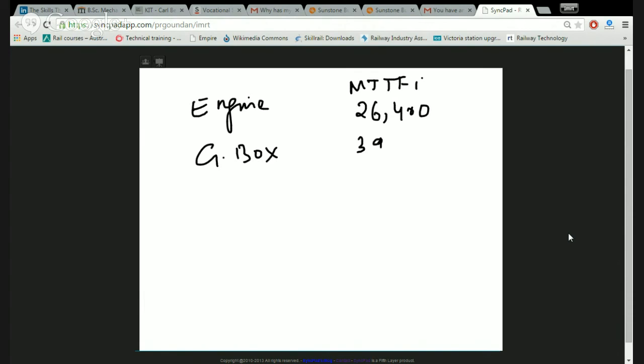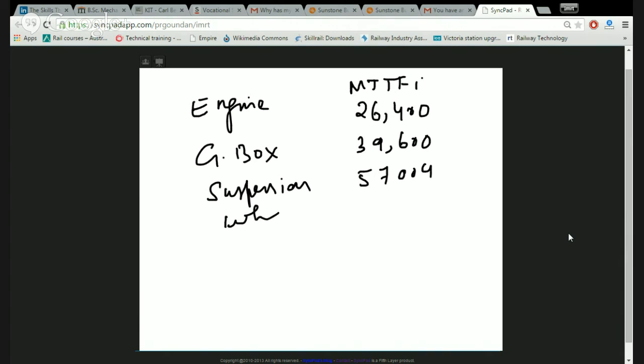Engine, MTTFI is 26,400, approximately. You should get the gearbox 29,600. Suspension 57,004.